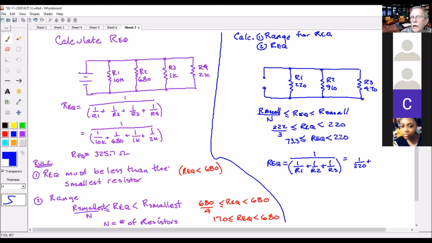So by doing the range first, if you make that mistake, you at least go, wait a minute, my answer is not even close to what I figured out doing the range. If I said my REQ is 0.642 ohms, I'd go, wait a minute, it can't be less than 170. It's a way of confirming that you haven't made some really bonehead mistake.